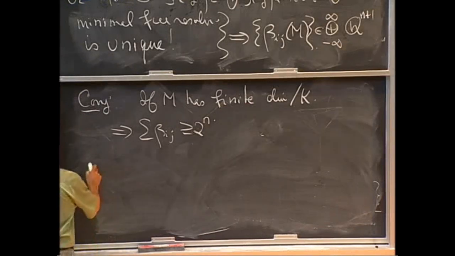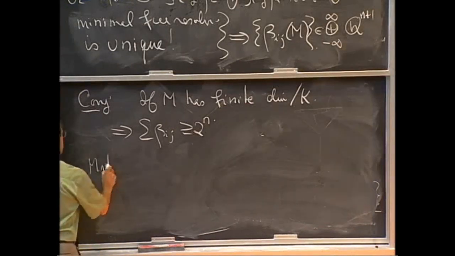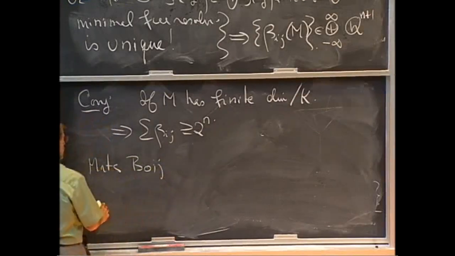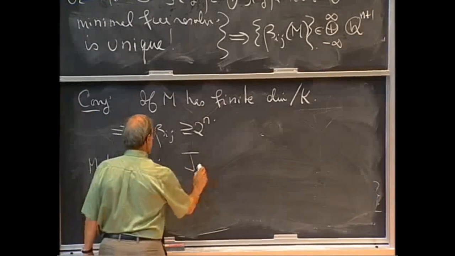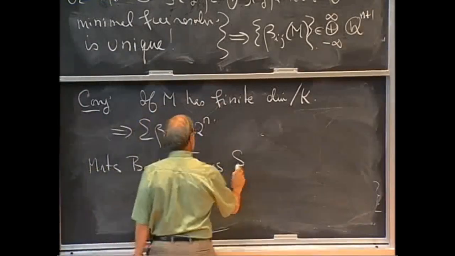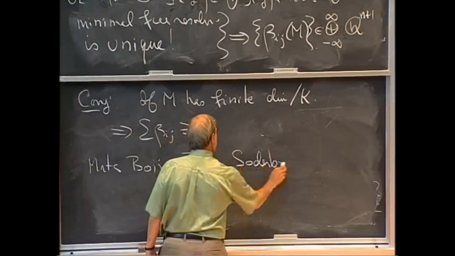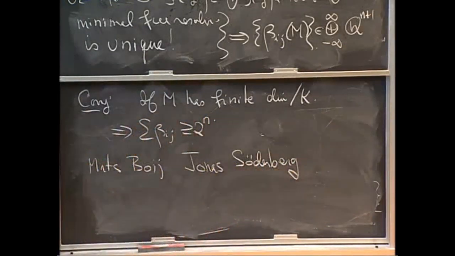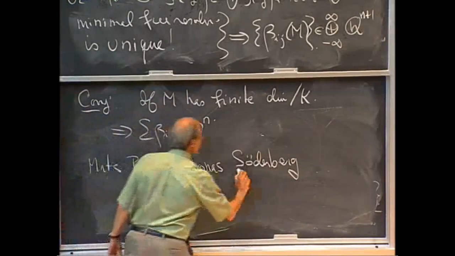The people who made the conjecture were Mats Boij and his student Jonas Söderberg. Two Swedes. So this is Boij-Söderberg theory.